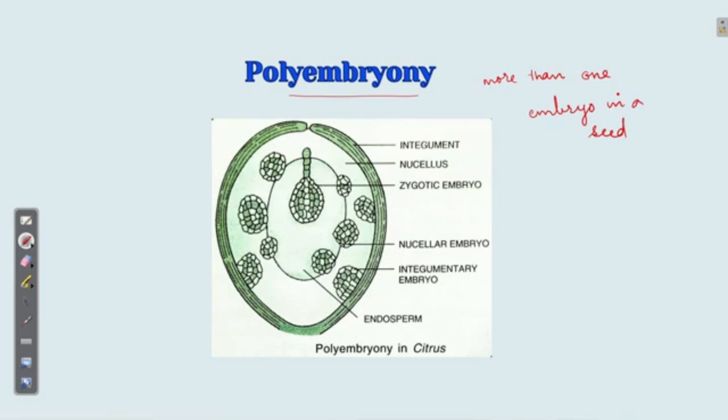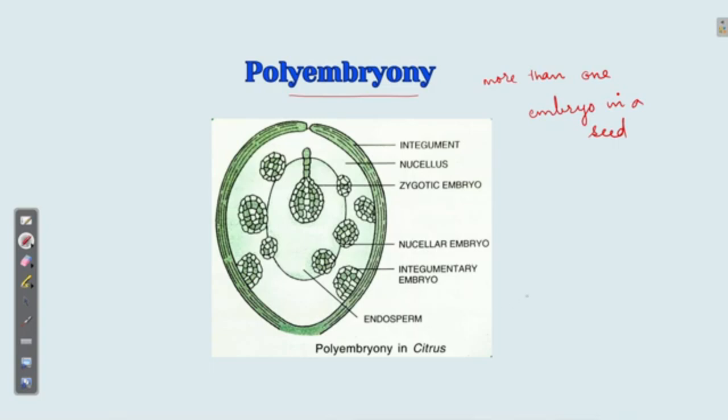So this polyembryony happens when some of the nucellar cells outer to the embryo sac divide and protrude into the embryo sac. So each mass of nucellar cells that protrudes into the embryo sac starts acting as an embryo.